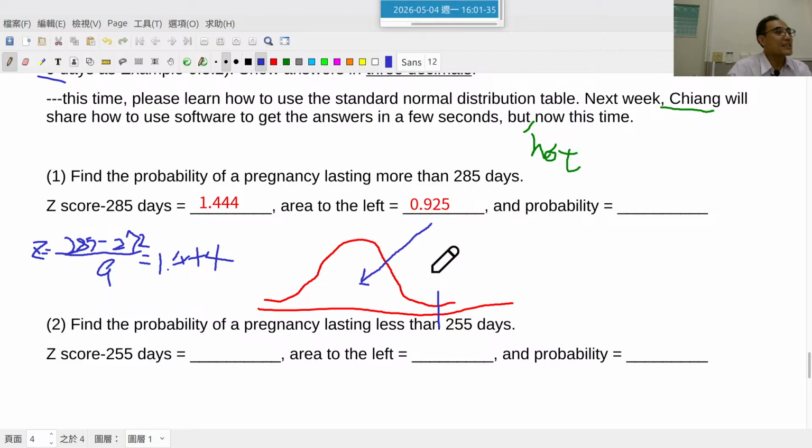But the question asks lasting more than, what does it mean? To the right, you're right. You are correct. To the right. So the answer is very simple. You can write down 1 minus 0.925. Here is the answer. Sorry, I forgot, maybe 0.075.